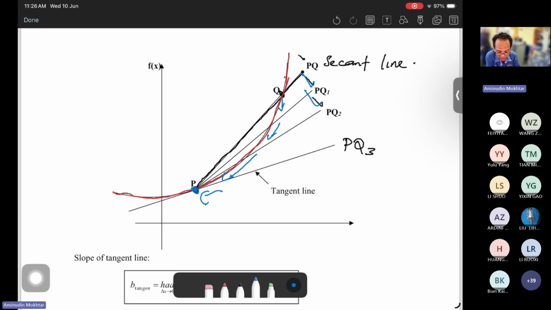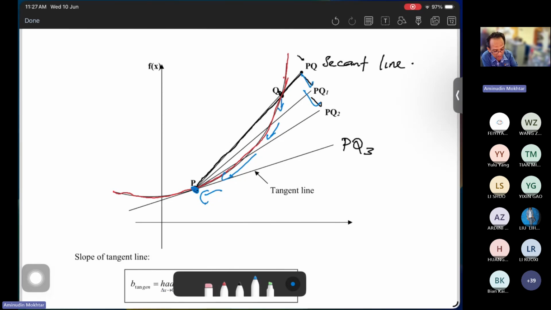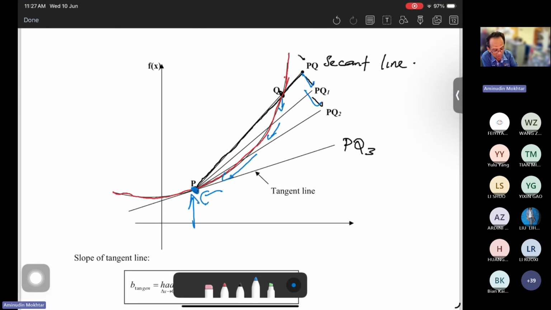Compared to that, PQ3, the tangent line, only touches, or in mathematics we say is tangent, persentuhan, with the curve at point P. So in other words, the tangent line is a line that is tangent with the curve at one point.